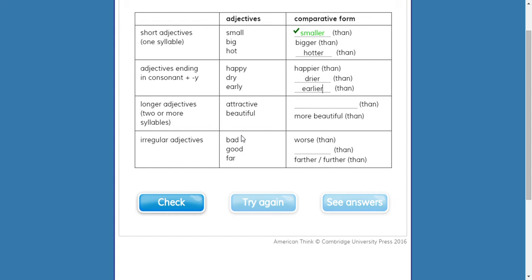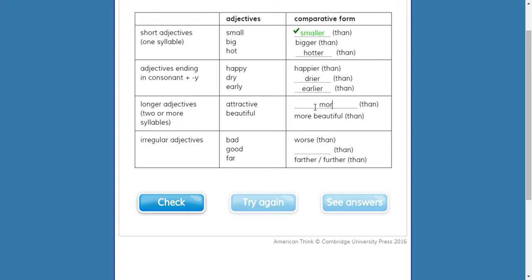In the case of beautiful, you don't add er, but you add more at the beginning. You say more beautiful. Remember, two or three syllables, or more maybe. For example, attractive.